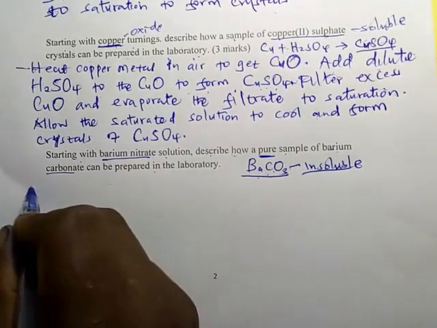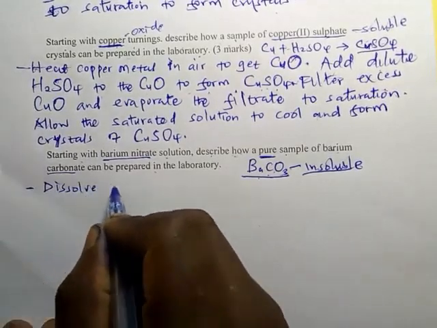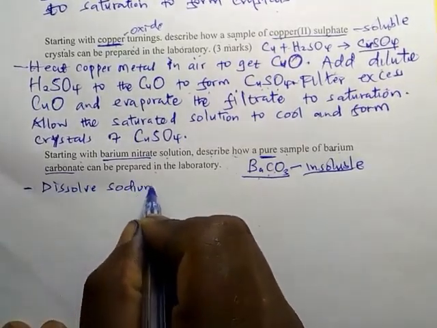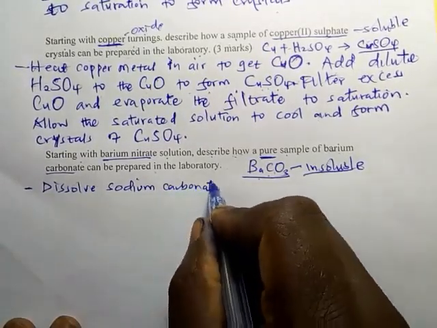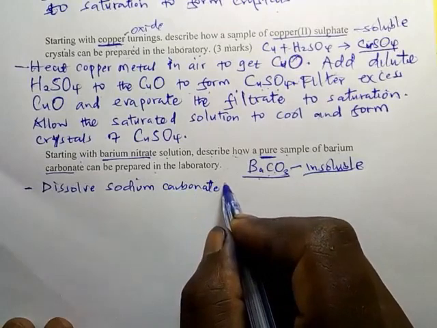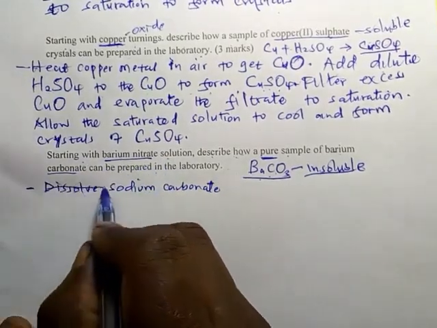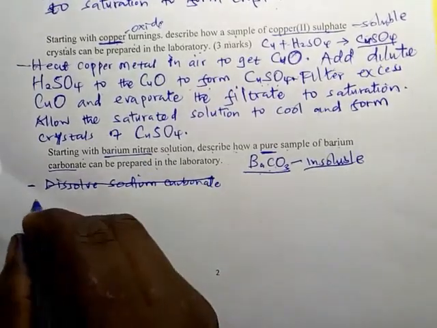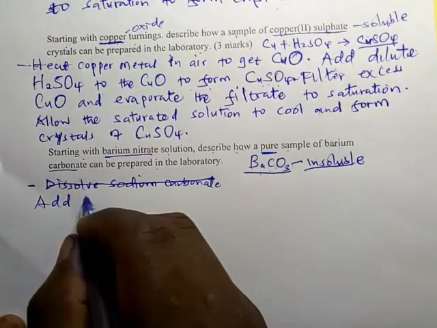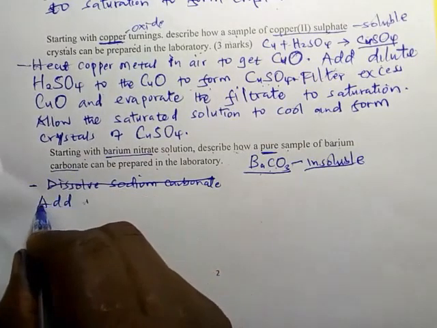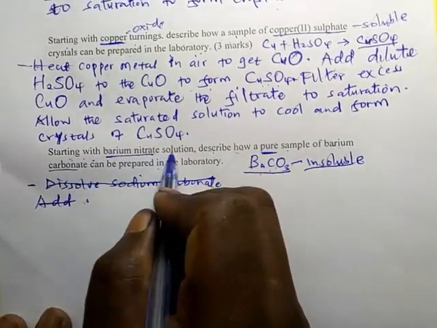So quickly dissolve sodium carbonate. We are starting with barium nitrate. Okay, so we can start in a different way. So we have sodium, we have barium. This is the solution we have.